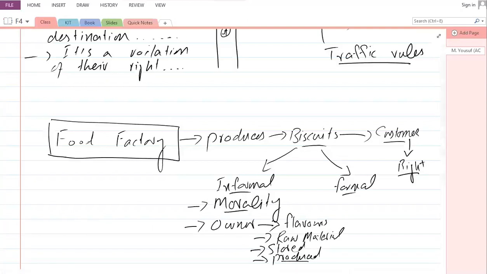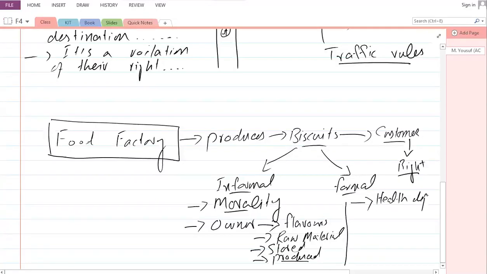So if we are going to regulate that factory through informal mechanism, it is not going to work, because if the customer is going to eat this biscuit, it will be dangerous for his health. So what we have to do, we have to make formal procedures for that, and there is a health department in that country, so that health department will create different sorts of rules.